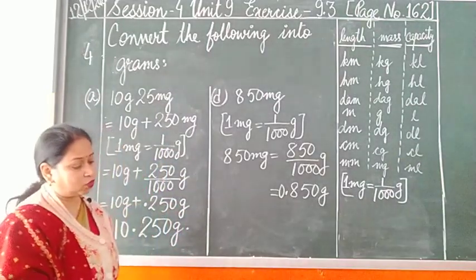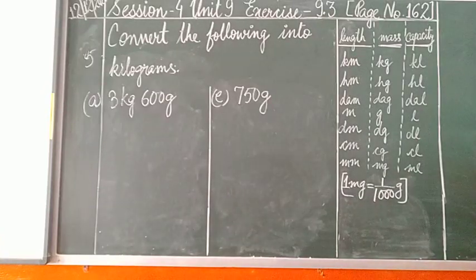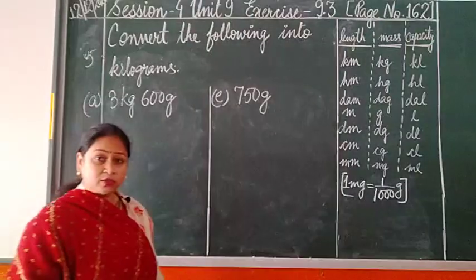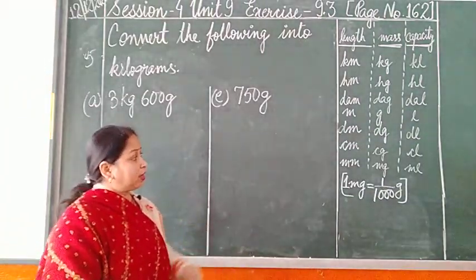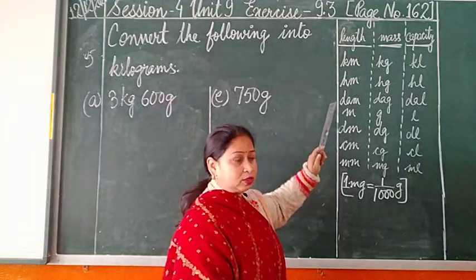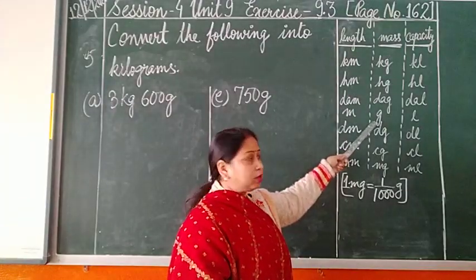Okay, convert the following into kilogram is the next question. Let me write down the question for you all. Now, as you can see, the next question, question number 5, is convert the following into kilogram. So, let us first show the conversion: 1 gram equal to how many kg? Look here, gram is over here, kg.